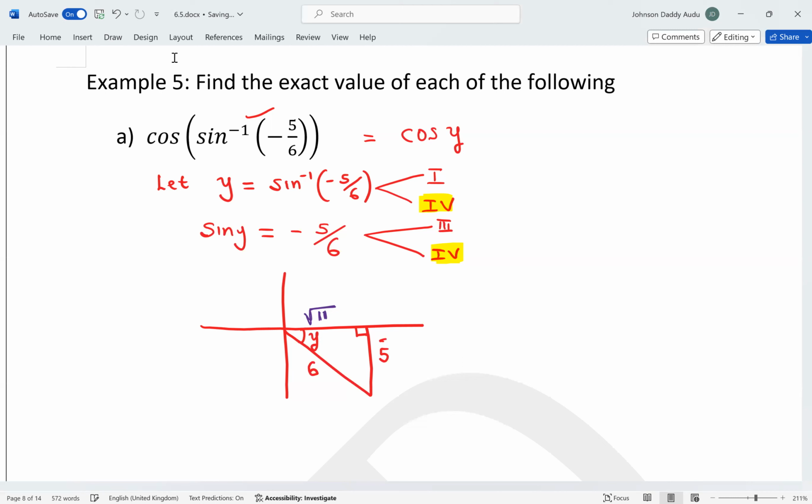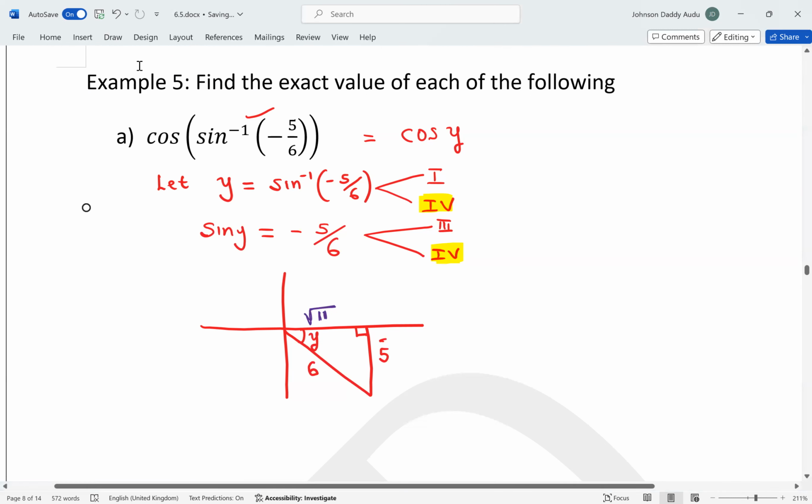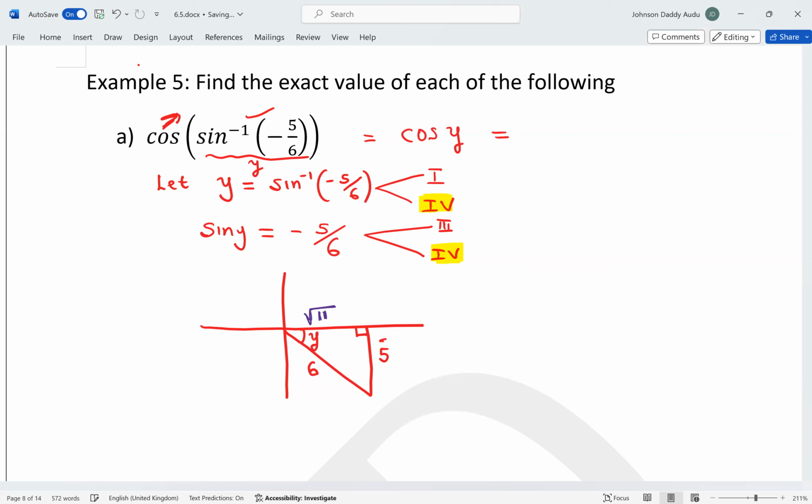Now, if we look at this, remember our problem has changed to looking for cosine of y. After we did this substitution, the problem became cosine y, because the whole of this is y. So all you need to do is come to this diagram and look for cosine.